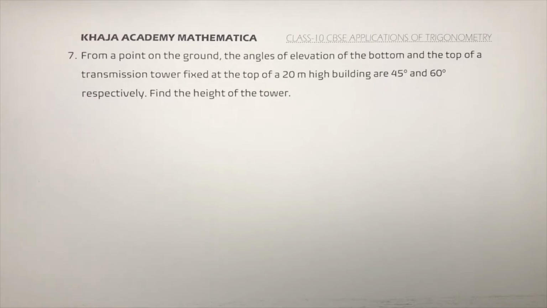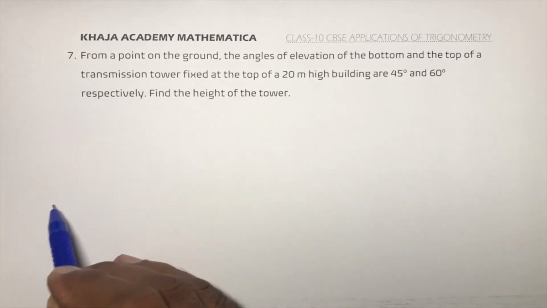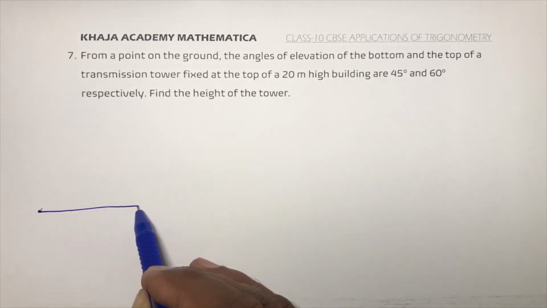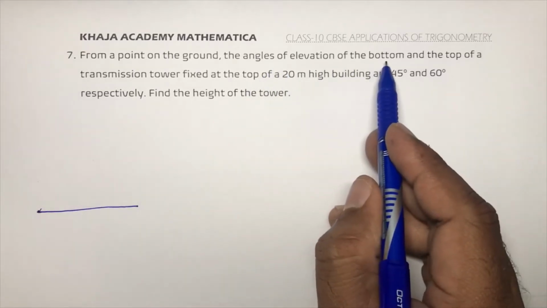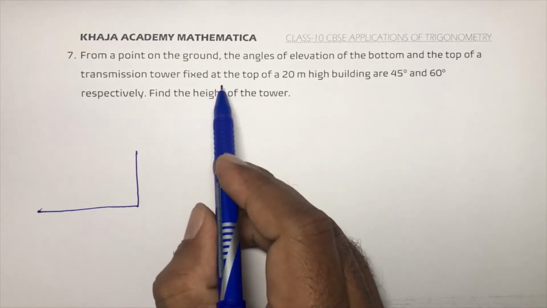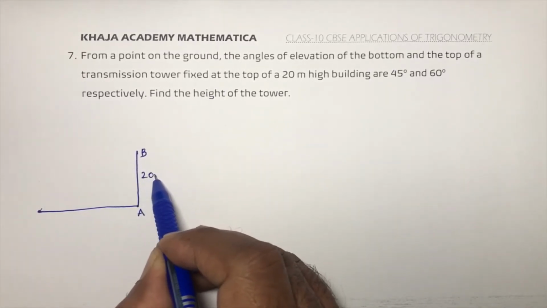From a point on the ground, the angles of elevation of the bottom and top of a transmission tower fixed at the top of a 20-meter high building are 45 and 60. So here I'll take a point on the ground. Here AB, I'll take 20 meters.